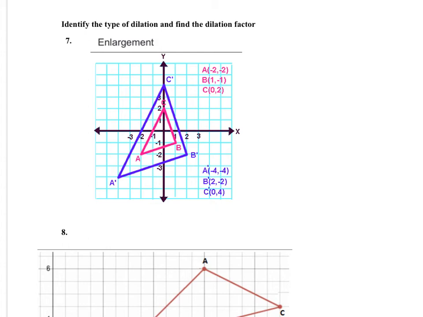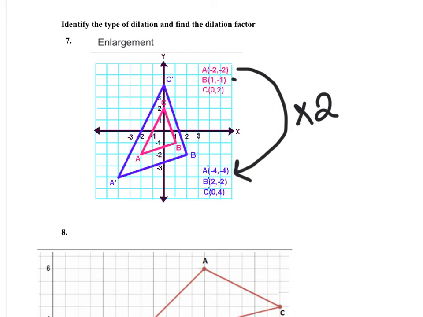So here A is at -2, -2. A prime goes to -4, -4. So in order for that to happen, all of these numbers were multiplied by 2. Let's see if that holds true for the other ordered pairs. So B is at 1, -1, and it goes to 2, -2.